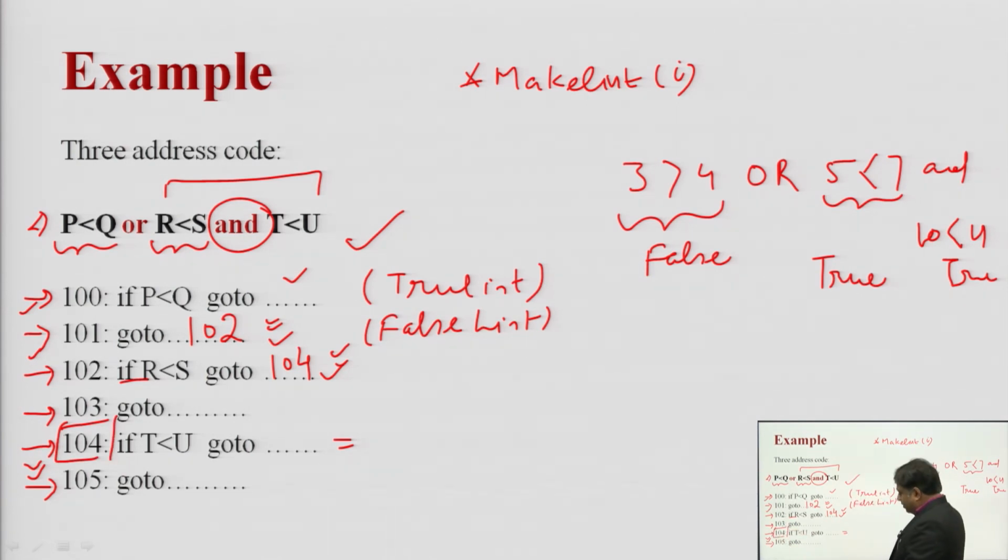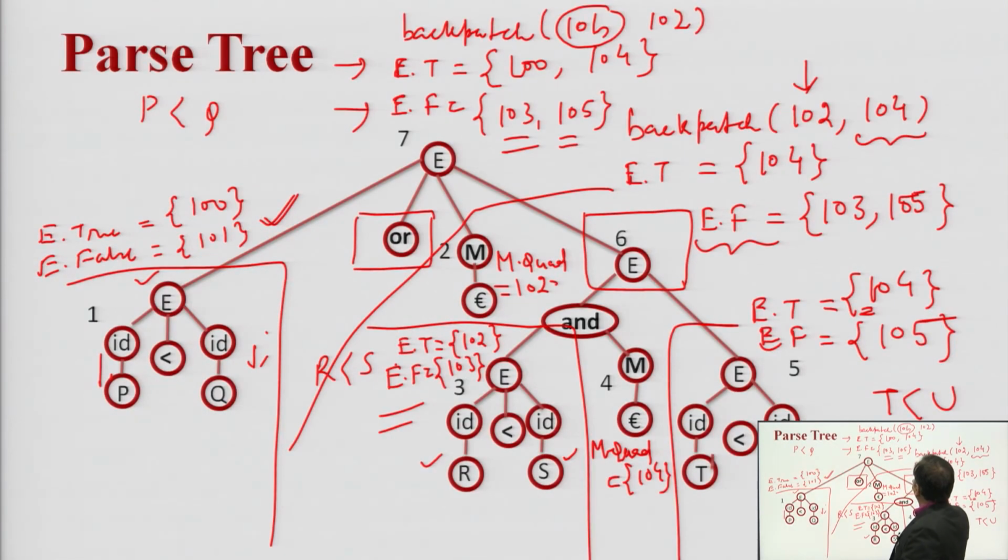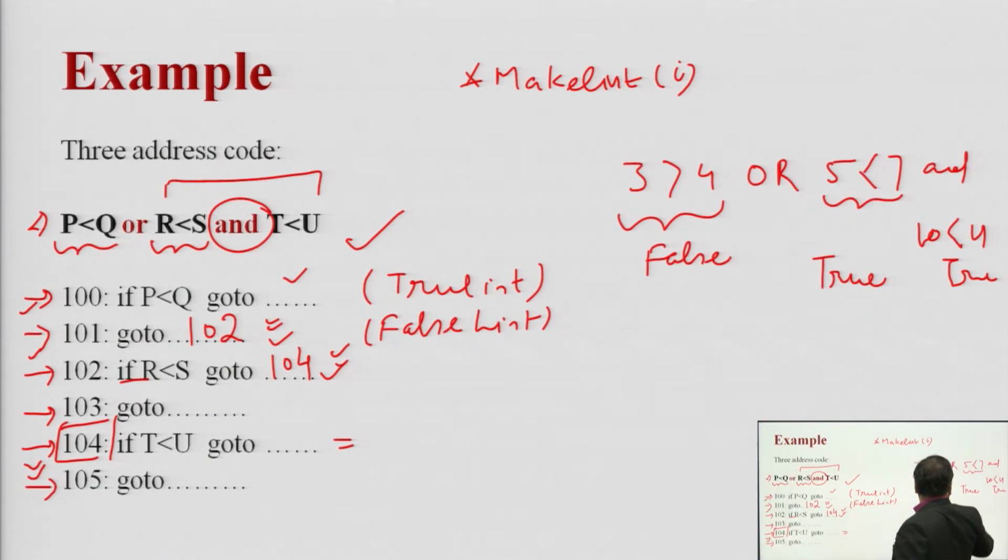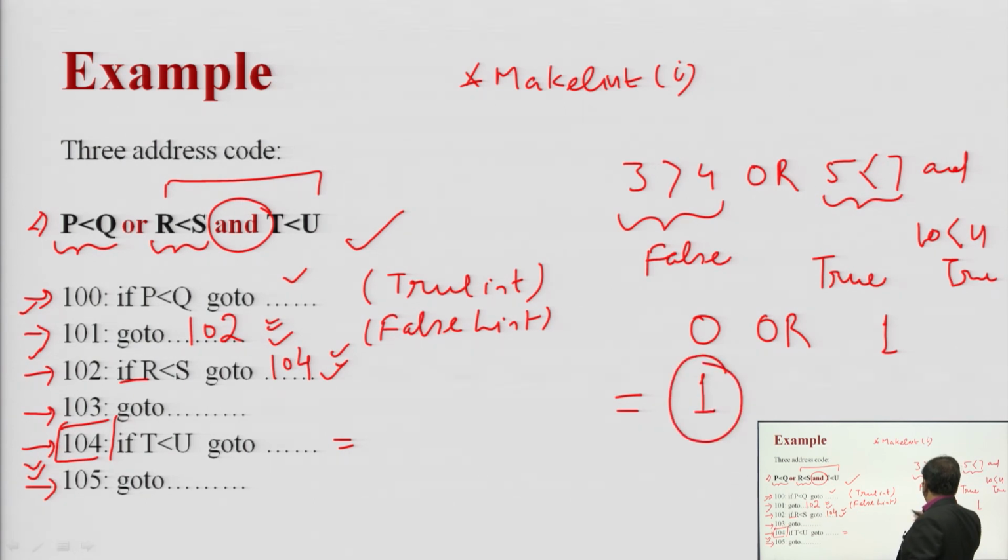So, if it is 104, that means the overall result will be true. So, let me check. This is true, that is 1 or 0, this is false, that means 0 or 1, again this is 1. So, the overall result will be plus 1, that is true, right.